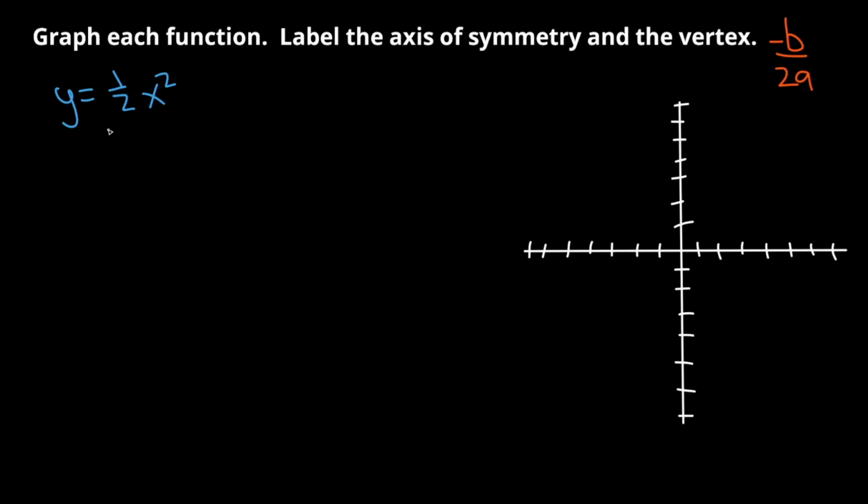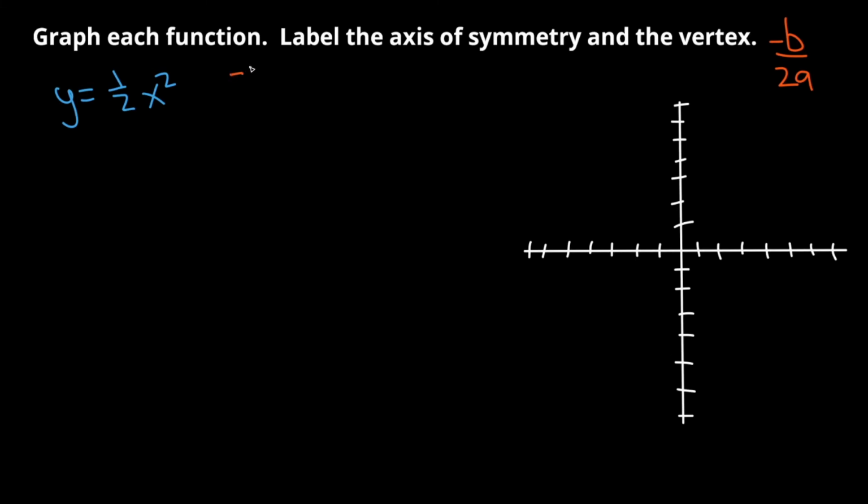So we go ahead and look at this. Well, there is no b term. This is just 1/2 x squared and nothing else. So there's no b term. It's like plus 0x plus 0c. Well, we don't need those. So b is 0.